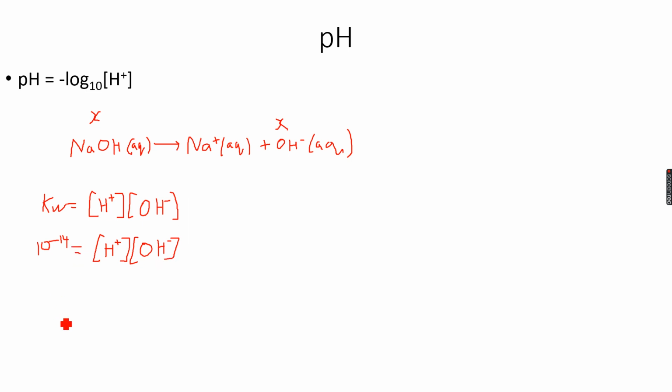So we've done this. Now we can calculate the concentration of H plus by making the concentration of H plus the subject, and it will be 10 to the power of minus 14 over the concentration of OH negative.